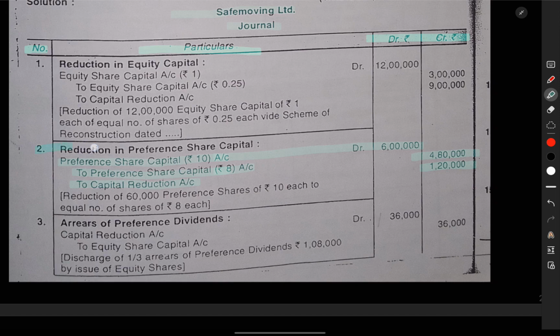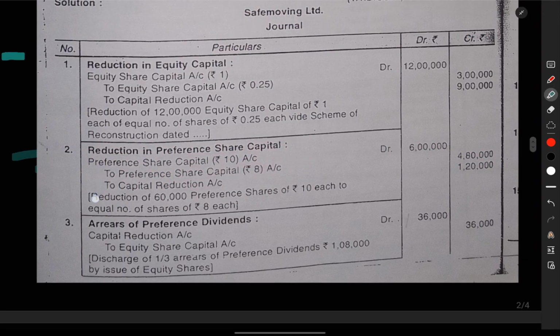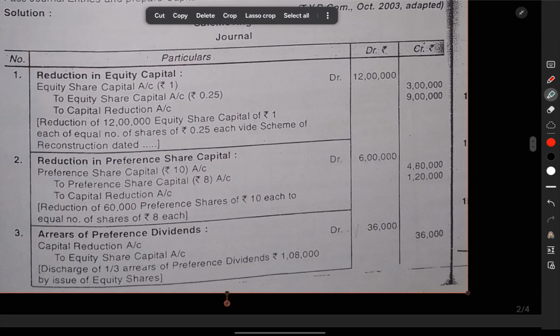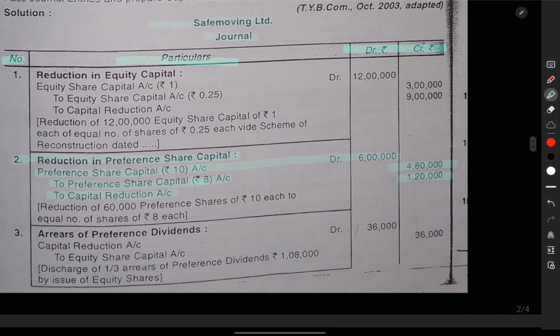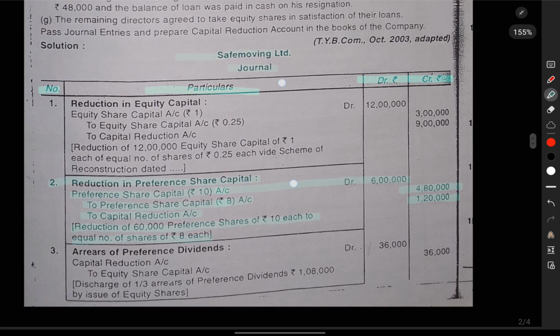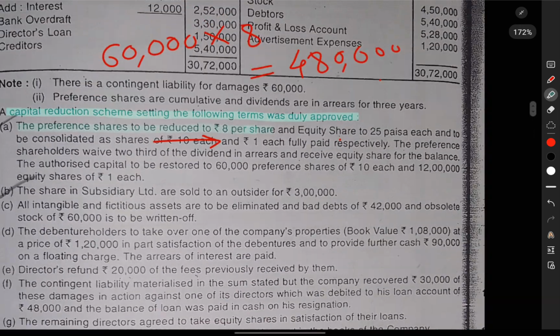The narration for this transaction is reduction of 60,000 preference shares of rupees 10 each to an equal number of shares of rupees 8 each.